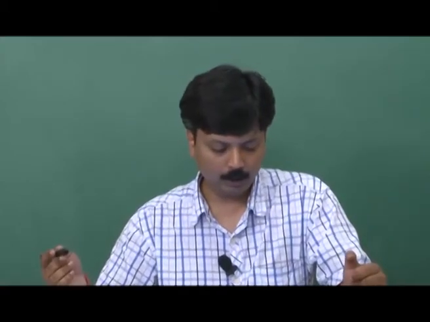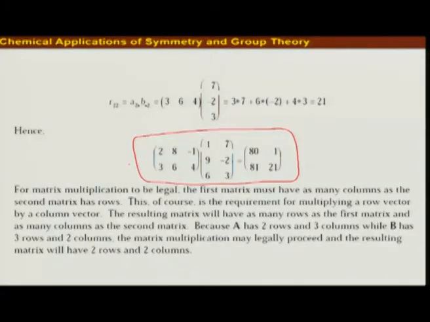So again, if we state the sentence, for matrix multiplication to be legal, the first matrix must have as many columns as the second matrix has rows. This of course is the requirement for multiplying a row vector by a column vector, right? The resulting matrix will have as many rows as the first matrix and as many columns as the second matrix.